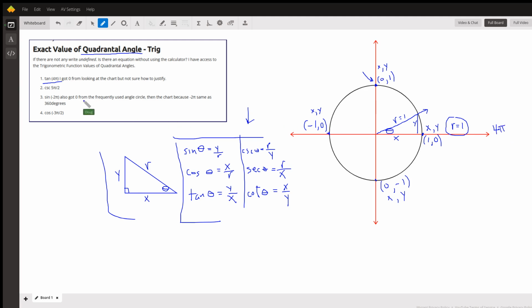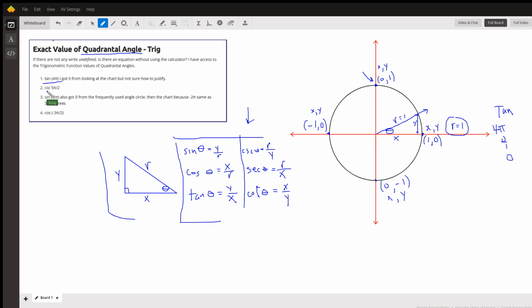And if we want to find the tangent of 4 pi, we know that the tangent is the y coordinate, which happens to be 0, over the x coordinate, y over x. Really what's happened is that this opposite side has disappeared because the y coordinate is 0. But 0 over 1 would give us the tangent, y over x, or 0.